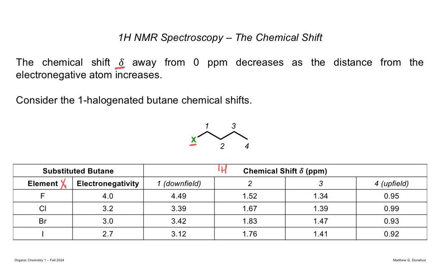And what you can see, the hydrogens on carbon 1 experience the greatest effect. When you move to the CH2 group on carbon 2, notice it's not as far. And then 4, which looks most like methane, but the chemical shift is 0.95.